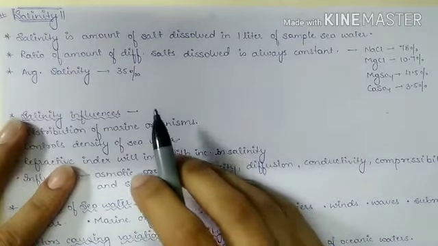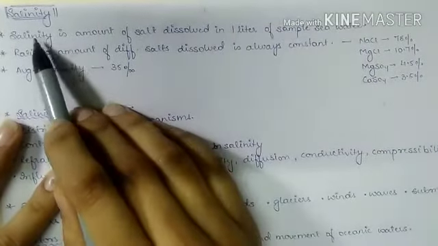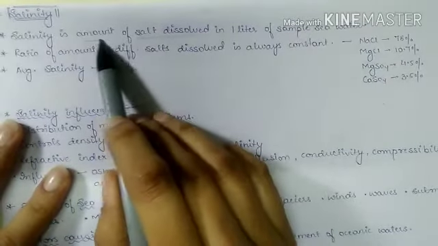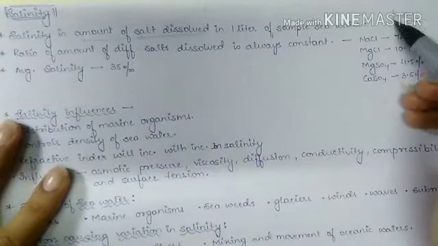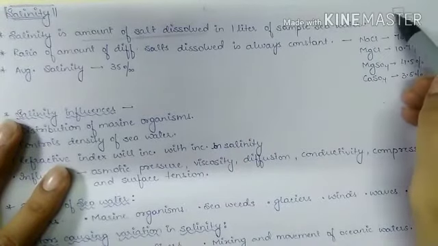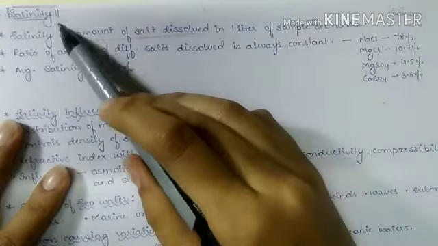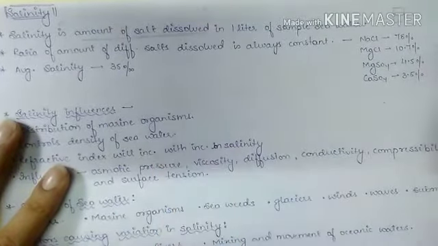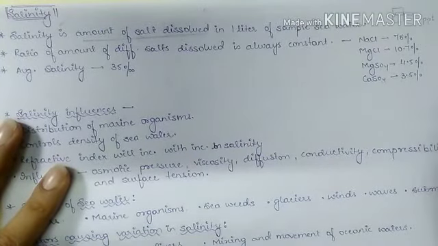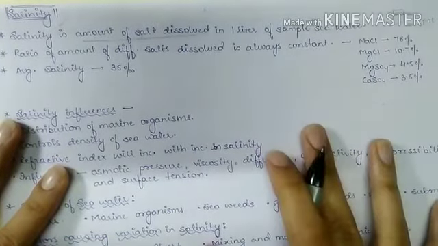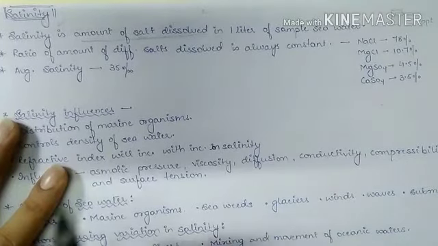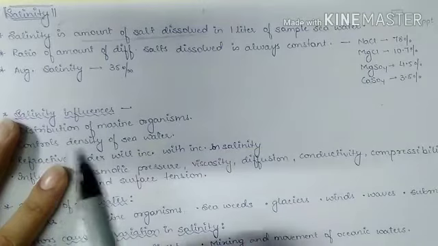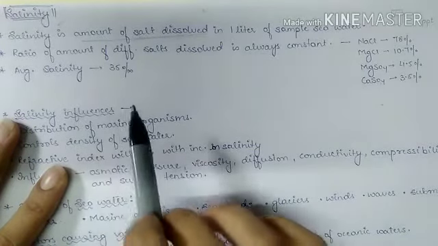This determines its salinity, and salinity is measured in parts per thousand. The ratio of the amounts of different salts dissolved in ocean water is always constant.